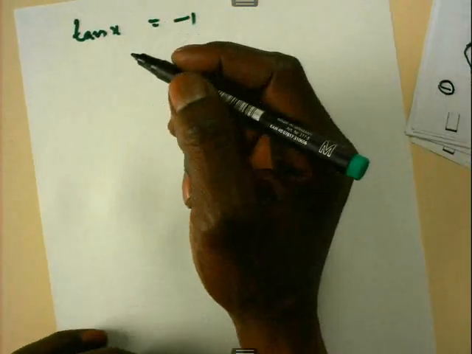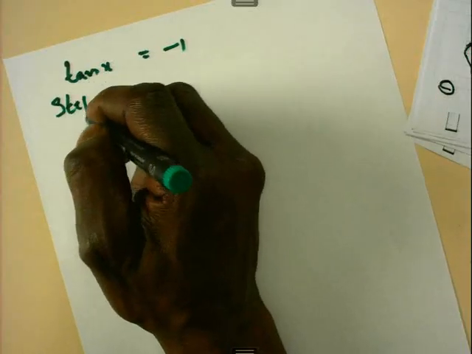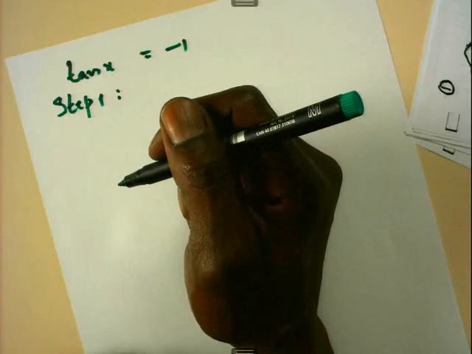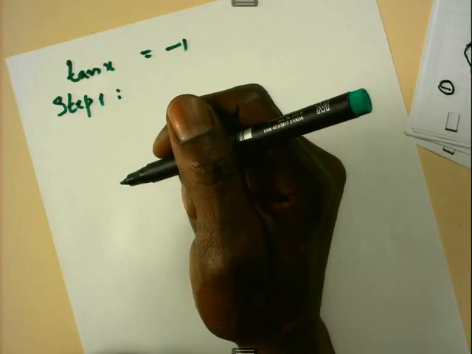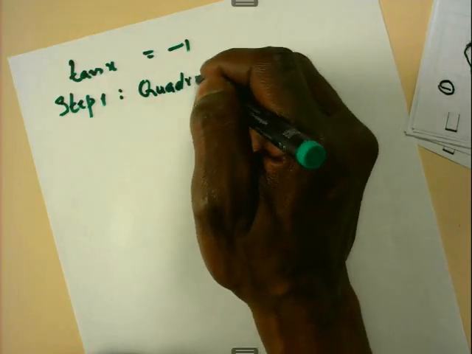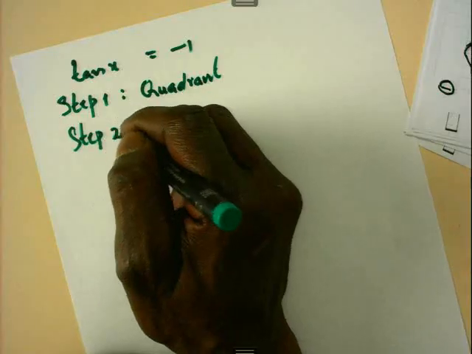We just follow the steps that we have been following all along. Step 1, can you remind me about step 1? Yes, identify the quadrant. You should be familiar with the steps now.